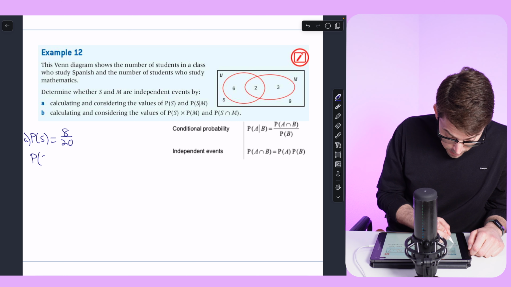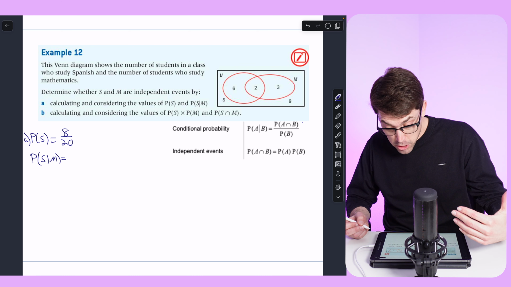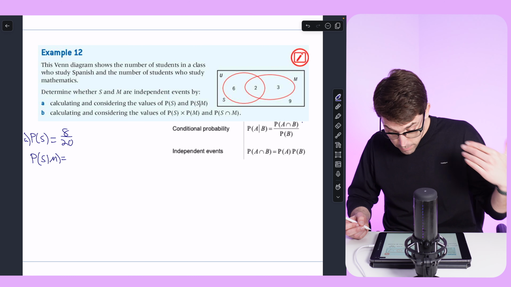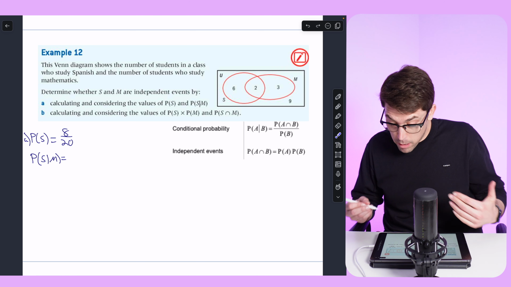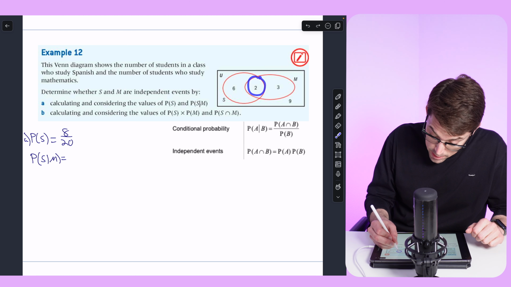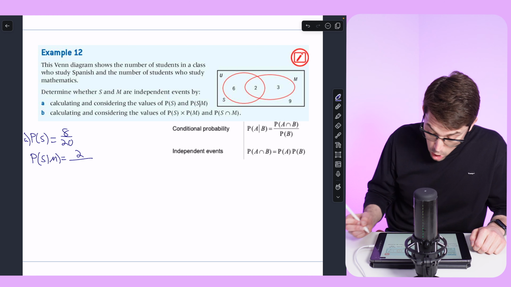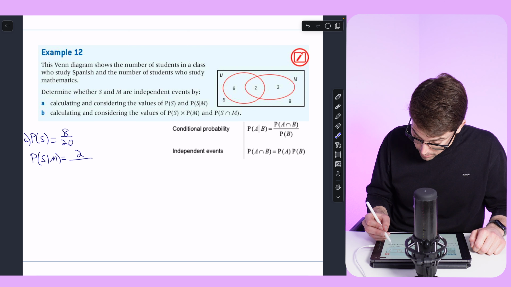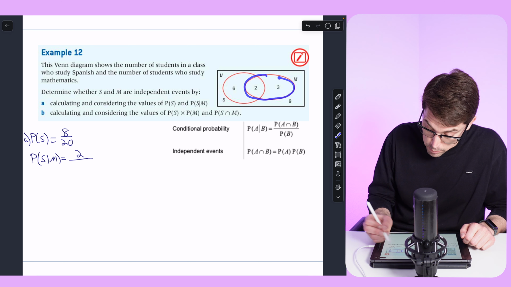Now, what's the probability of S given M? That's the probability of the intersection of A and B over the probability of B. So the probability of S given M is the 2 kids who do both, the intersection of the two, over the probability of the second event, which is math: 2 plus 3.